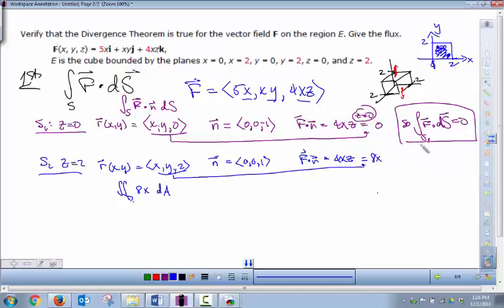So remember that your dS, without the arrow on top, is like the square root of f_x squared plus f_y squared plus 1. But your f function in this case is constant, so the derivative of that is 0. So your surface area differential is just going to be 1. And it's going to be 1 for all these things. So let me squeeze in a 1 here.